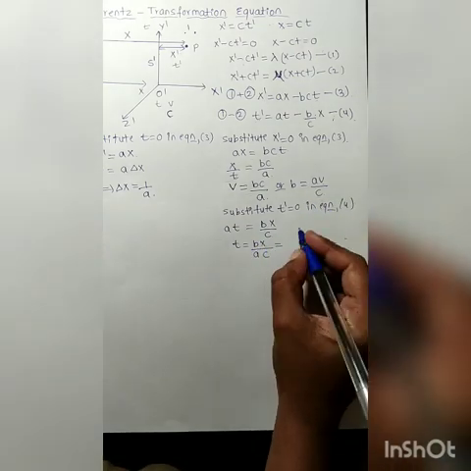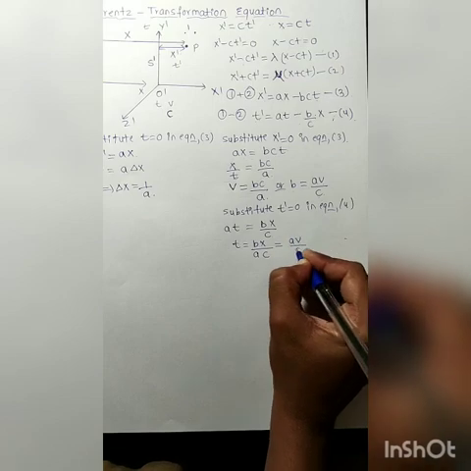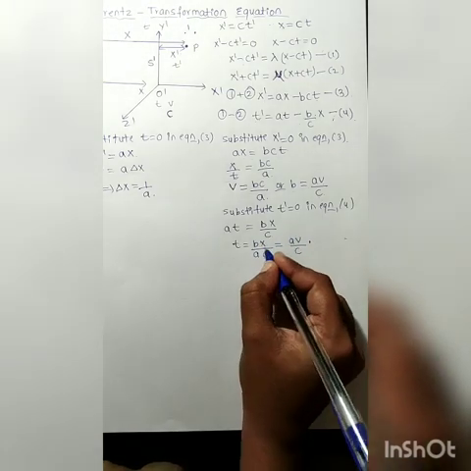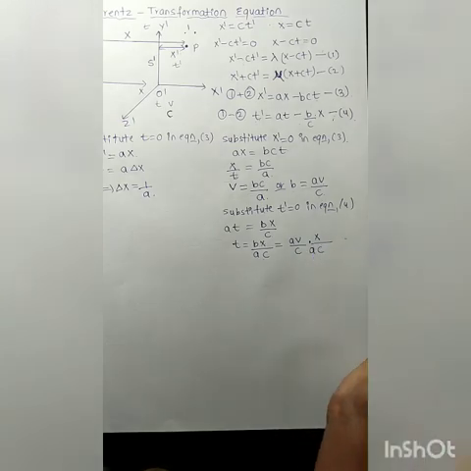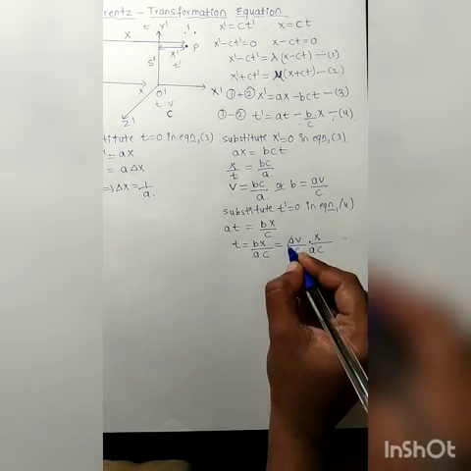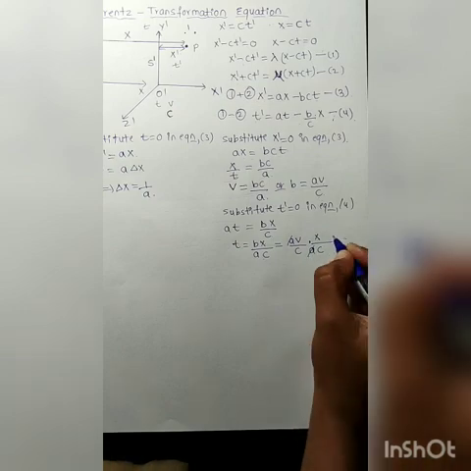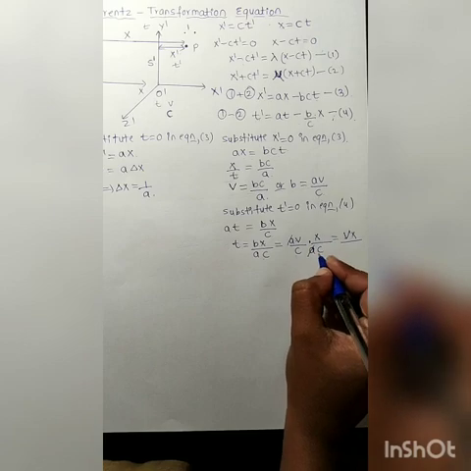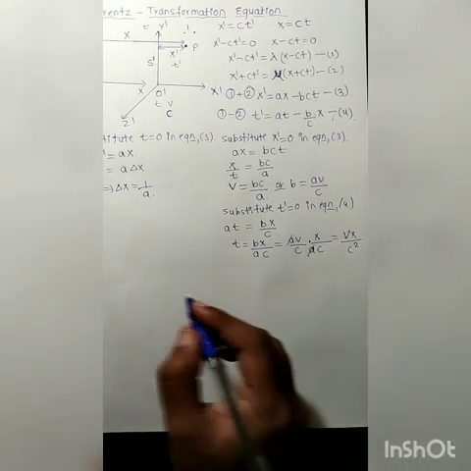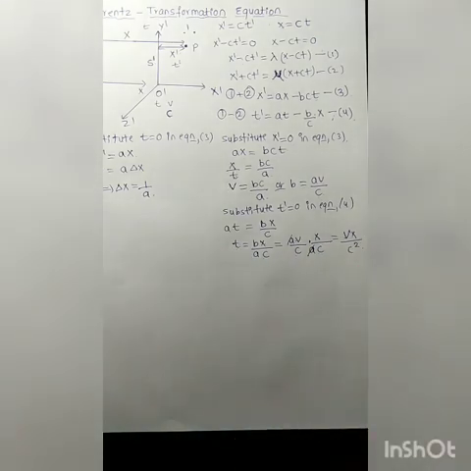So transfer that term, so we will get av divided by c into x by ac, which will remain as it is. Then a gets cancelled here, and we will get Vx divided by c into c, which becomes c square. So this is the t value we got.